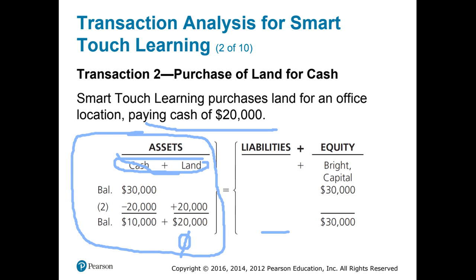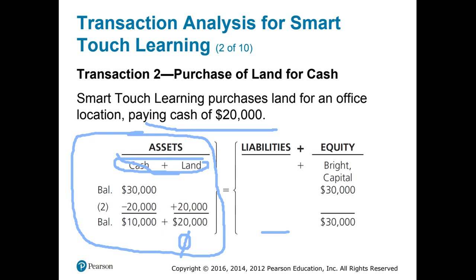Then the third step is to determine if the equation is in balance, and we have determined that it is, because the effect of cash decreasing by 20,000 and the effect of land increasing by 20,000 both netted to zero.